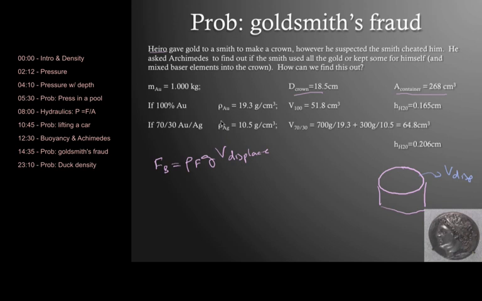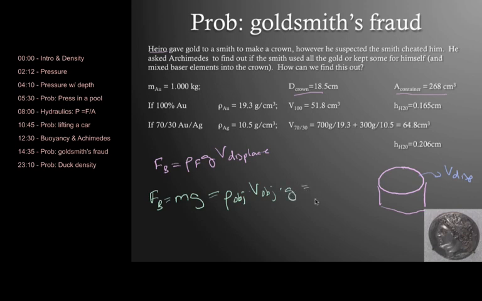So if it's 100% gold, we can look at the density of gold that we know, and then we know the volume that should be displaced. So that's working out here. We know that this buoyant force should be equal to mg, right? And if it's equal to mg, then it's equal to rho of the object times the volume of the object times g.